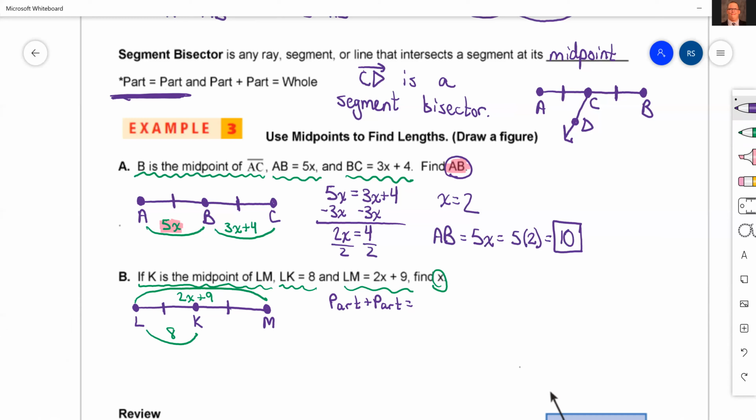We've got to use that one. Well, I know one part is 8. I know the whole is 2x plus 9. What's my second part right here?